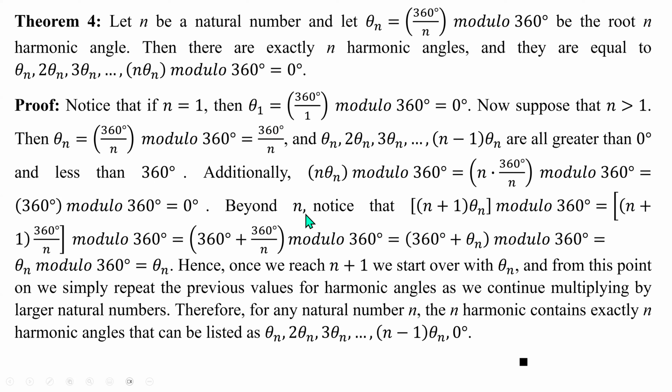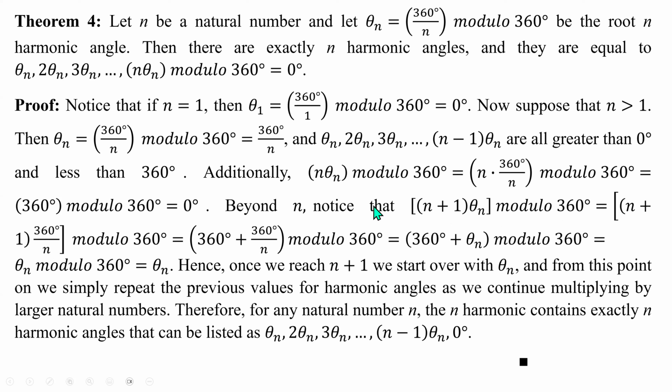Now, beyond n, if we look at some natural number larger than n, notice that if I take, for instance, n plus 1 times theta sub n modulo 360 degrees, that's going to be n plus 1 in parentheses times 360 degrees over n.